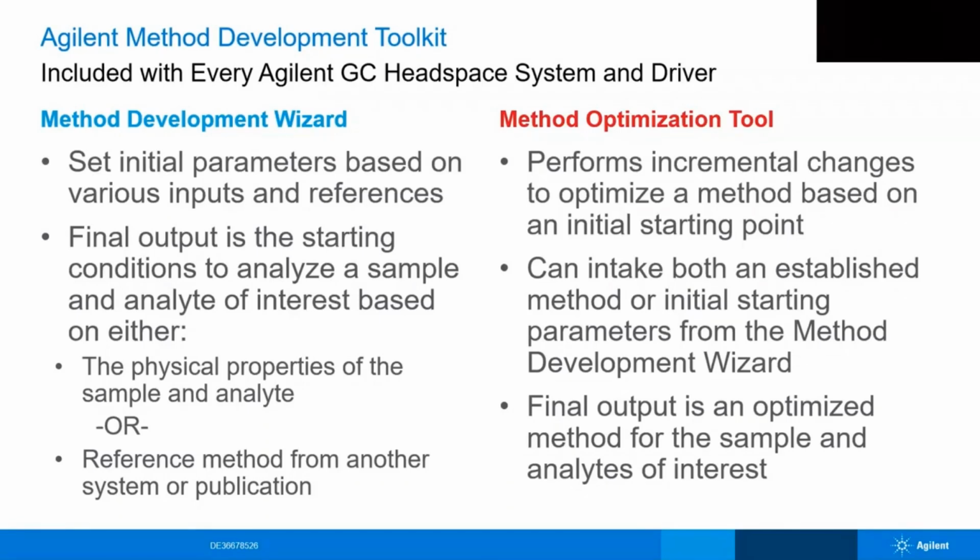This gives you data that you can overlay to see which parameters had the strongest effect on your response. We can use this if we take an established method and need to tweak it for a new compound. There's a lot of use cases for doing this. We're always trying to make our instruments run as optimally as possible. But the desired output here is an optimized method that is robust and is designed around our analytes of interest.